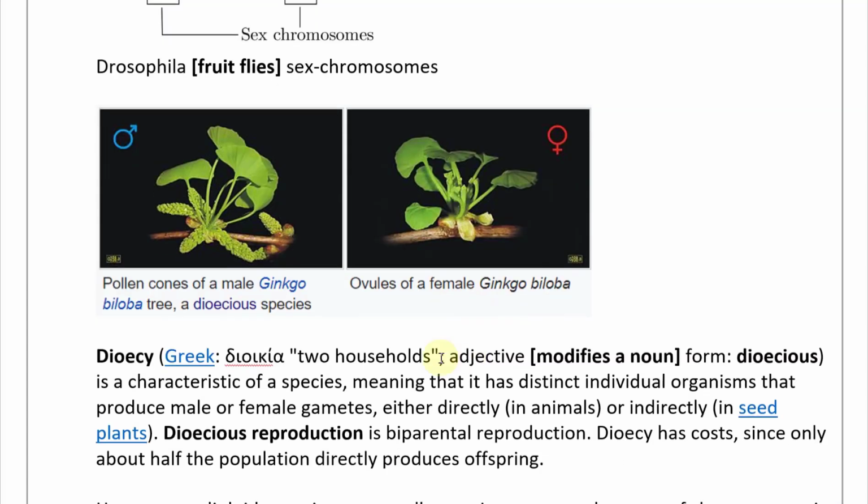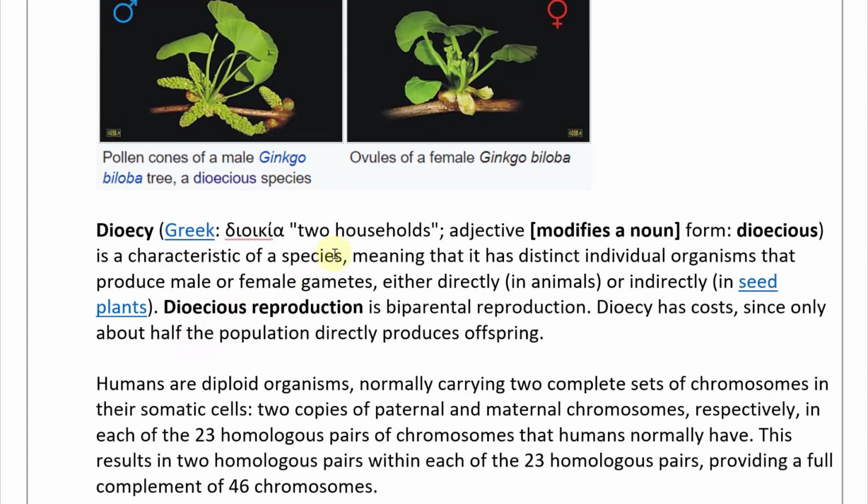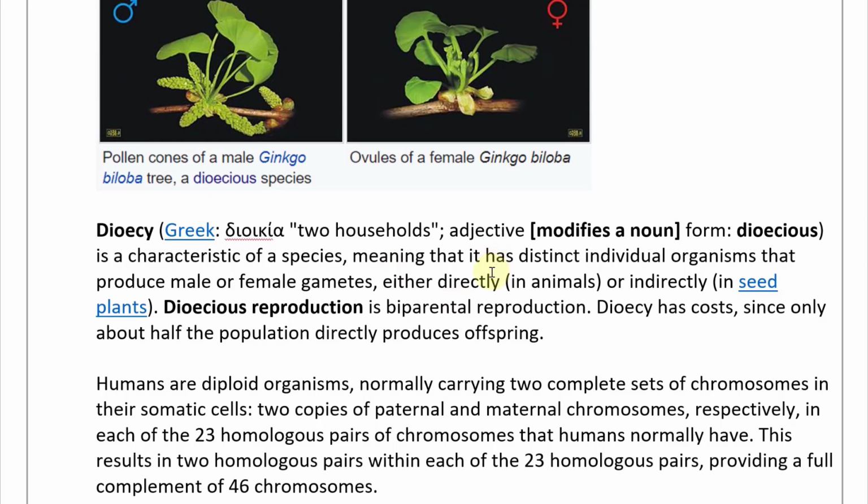Dioecious comes from the Greek for 2 households, and its adjective form is dioecious. Dioecy is a characteristic of a species, meaning that it has distinct individual organisms that produce male or female gametes: the pollen produces the male gametes, and the ovules produce the female gametes, either directly in animals or indirectly in seed plants.